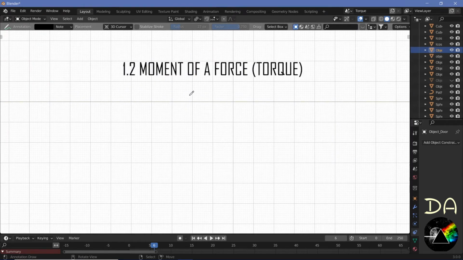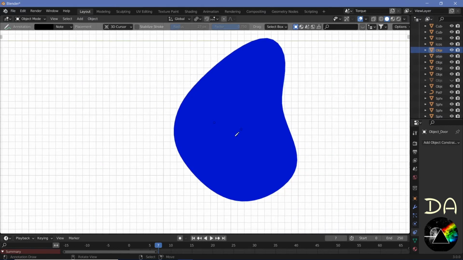So what is moment of a force or a torque? Moment of a force or torque is basically the turning effect. It is how much turning is happening when we apply the force. To understand this, we will take a look at that exact same irregular object. Right here, we have the same object with the center of mass over here and the pivot over here.